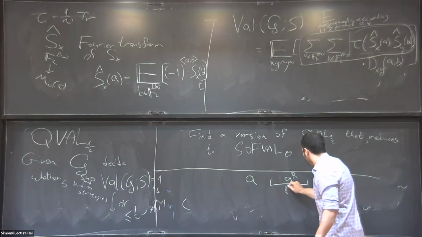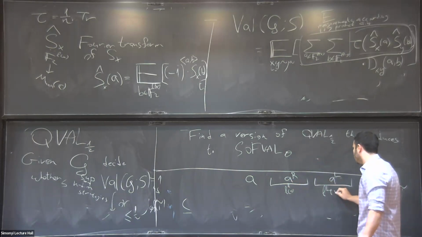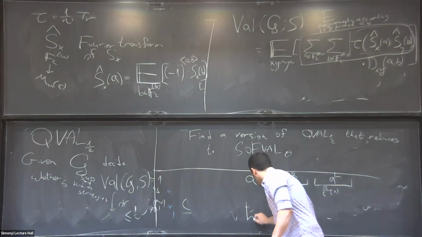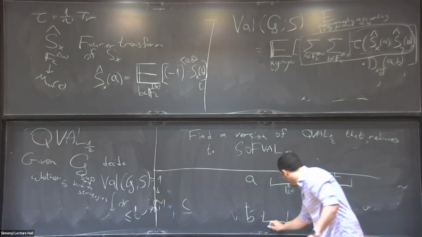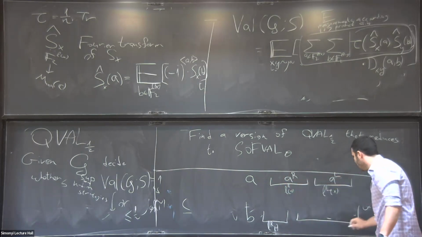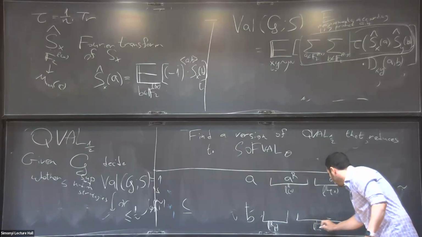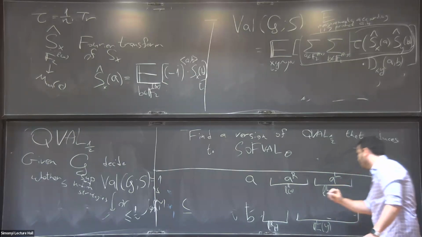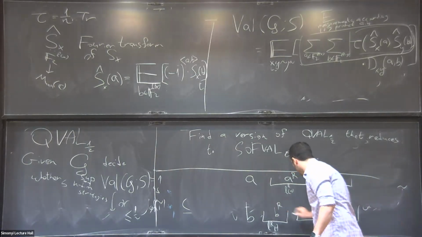That's of length LR of X. That's of length LL of X. And B is also maybe other length. It doesn't have to be the same length. LR of Y and LL of Y. Great, so I have like four bit strings now.